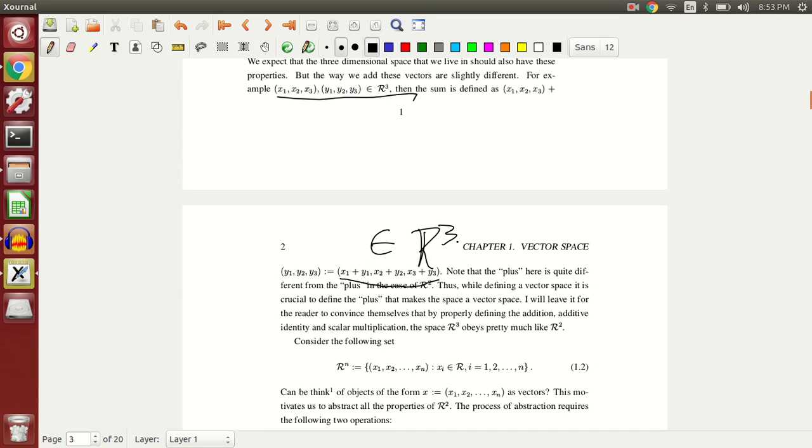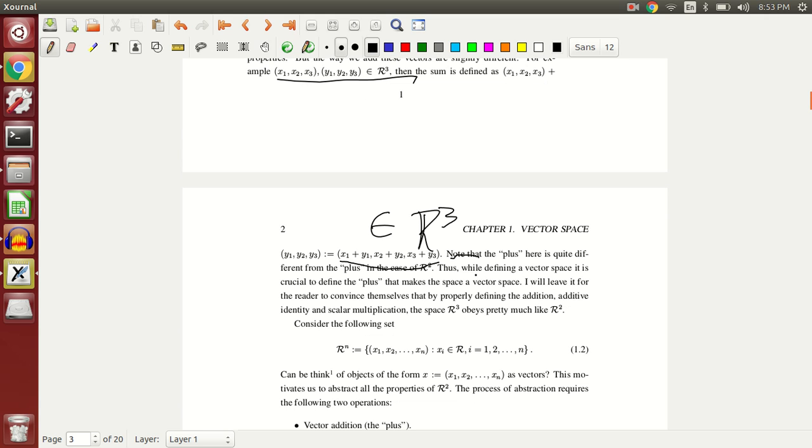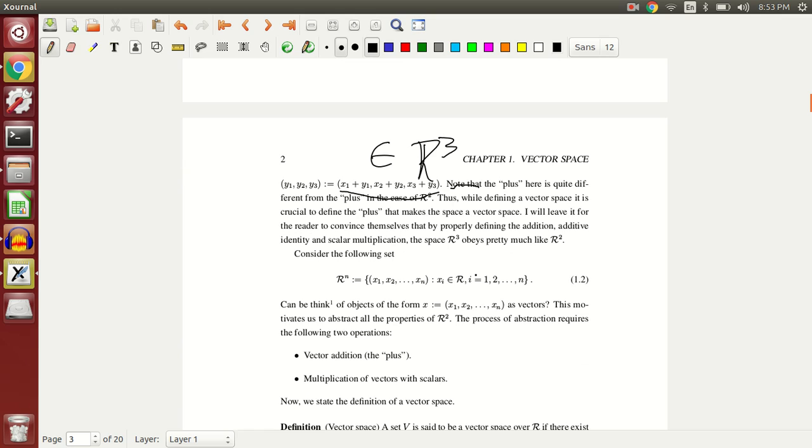My handwriting is a little off, but I think it'll get better as I get used to the high resolution of this pen. Note that the plus here is quite different from the plus in the case of R2. While defining a vector space, it is crucial to define the plus that makes the space a vector space. There's some exercise that people can probably do.